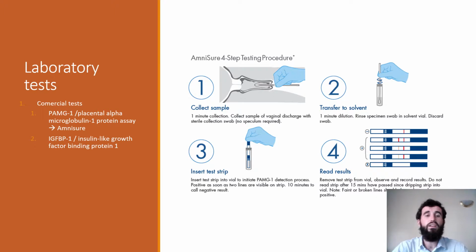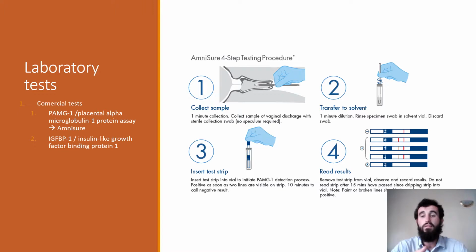First exists the commercial test. There are two. In the first one, we will see the placental alpha microglobulin 1 protein assay, more known as Amnisure. It's not necessary to know which protein we are looking for, but it's very simple. As we can see in the image, we have to collect the sample, then transfer it to a solvent, then insert a test strip.